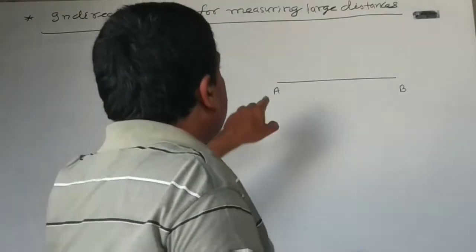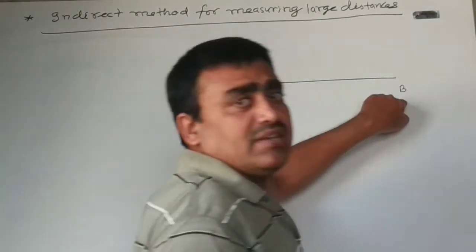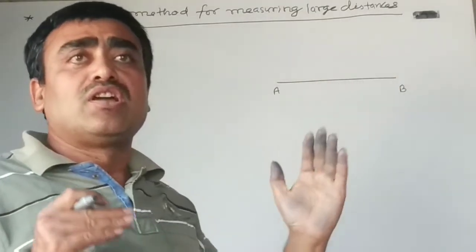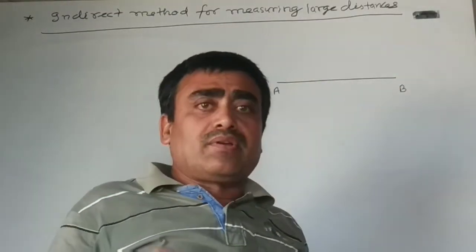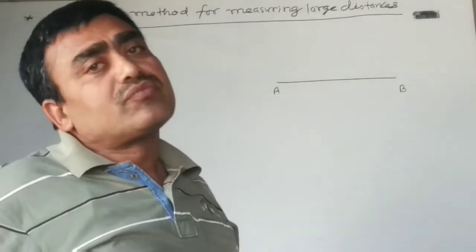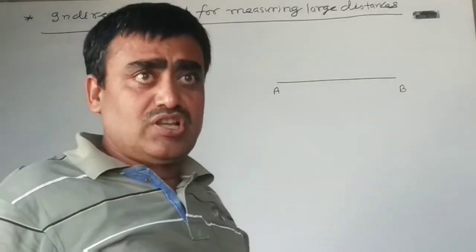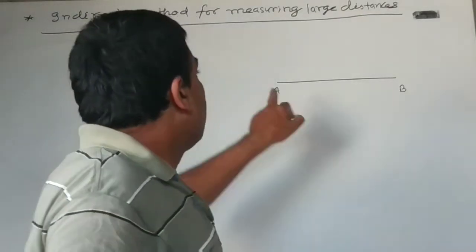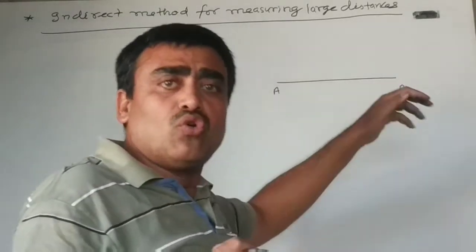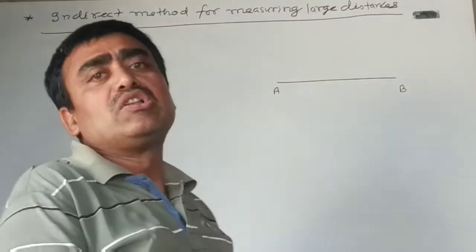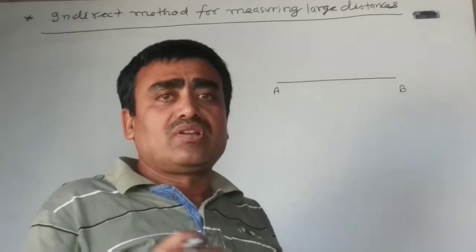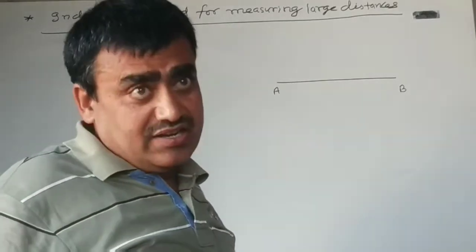That means the measurement of AB is called its length, but it is a short distance, so we are able to measure it directly.